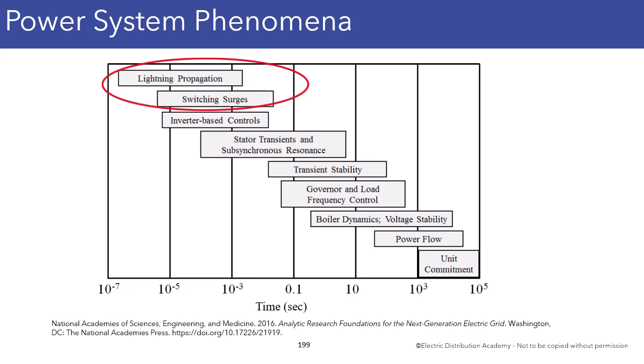Now that we have to understand how inverter-based controls really function, and we realize they need to be studied down in this time frame, electromagnetic transient software can also be used to study inverter-based controls. So that's why we're talking about EMT studies and analysis in this video.